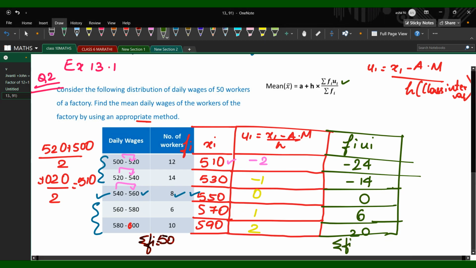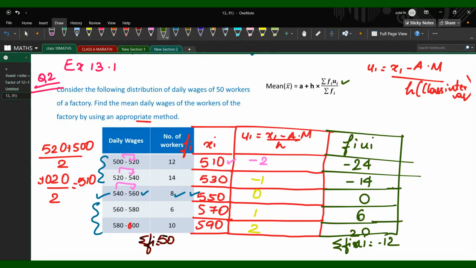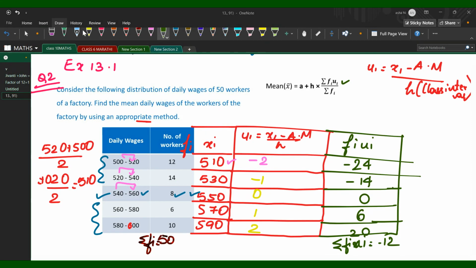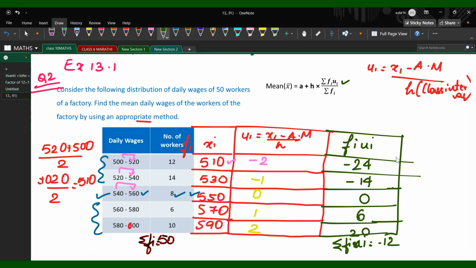Sum of f_i u_i is minus 12. We add 6, so minus 32, and minus 32 plus 20 is minus 12. Okay, so we got all the values here.